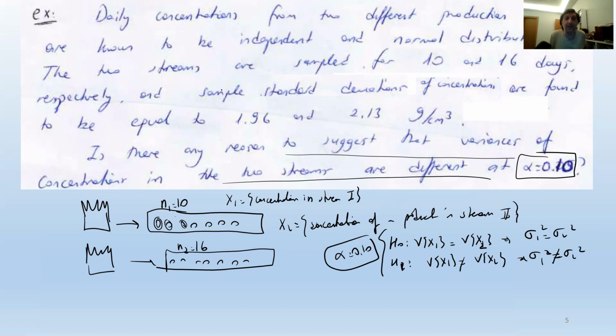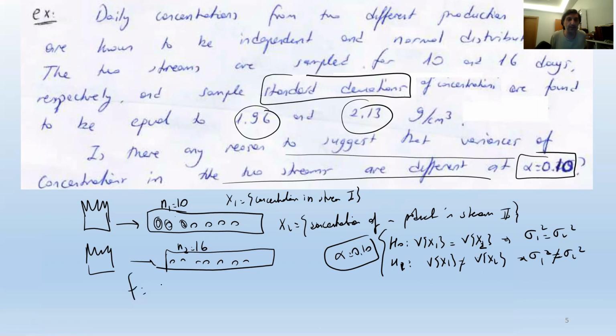They are already found, but please be careful. It says sample standard deviations, so these are sample standard deviations, not variances. So F0 is going to be equal to 1.96 squared divided by 2.13 squared. When we do the operation, the result is 0.85.